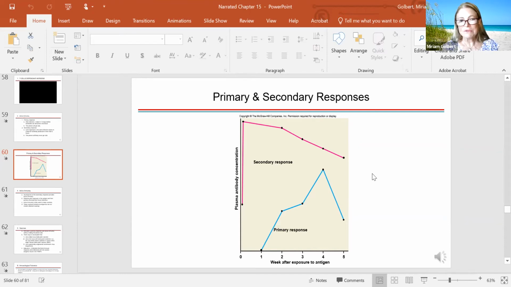When you first encounter an antigen, here in blue, you have the primary response or first response. This is when you've never seen that antigen in your life. So if you notice at the bottom here is time in weeks after the exposure.